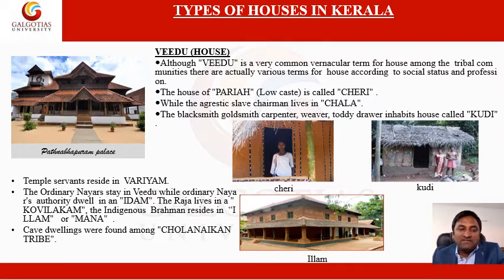The Raja lives in the Kovilakam, and Brahmins reside in Illam or Mana. So if you summarize this, Illam is used for Brahmin people, normal people live in Veedu, authority men live in Idam, and for the Raja's palace they use the term Kovilakam.